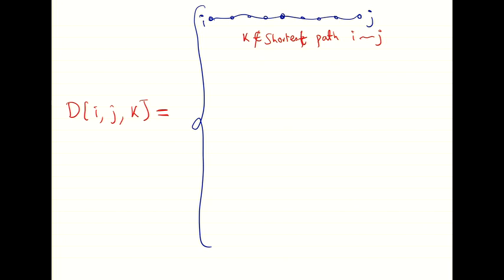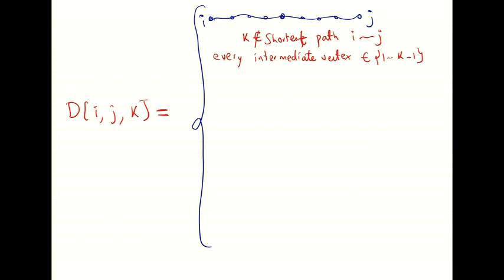So every intermediate vertex is in 1 through k minus 1. Okay? So this path actually uses fewer choices for intermediate vertices. But we know what a shortest path from i to j that uses intermediate vertices from 1 through k minus 1 is.